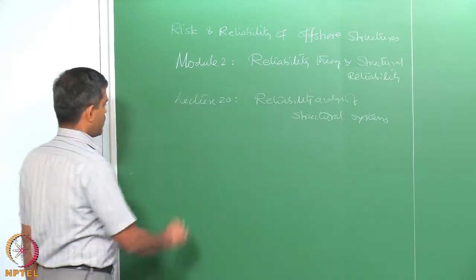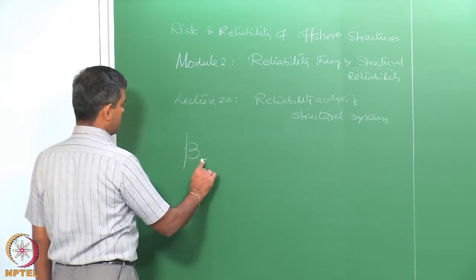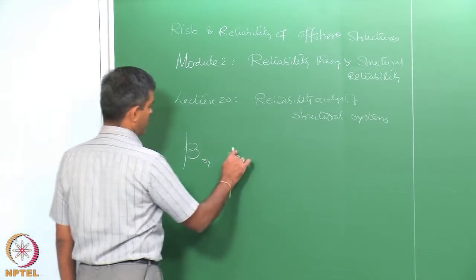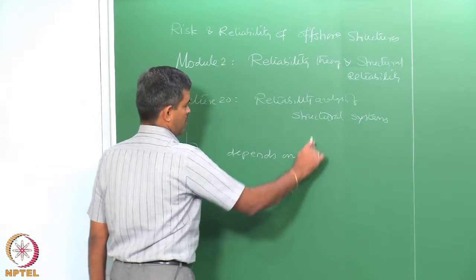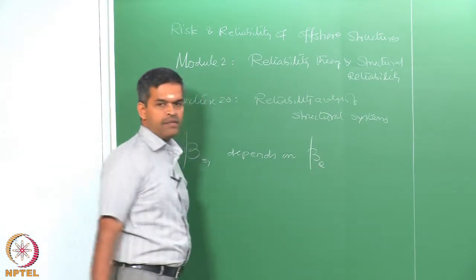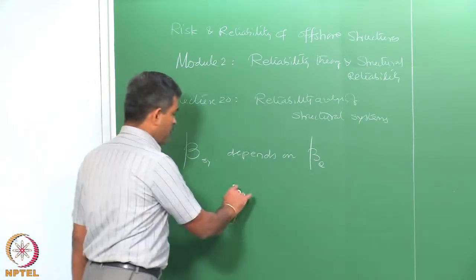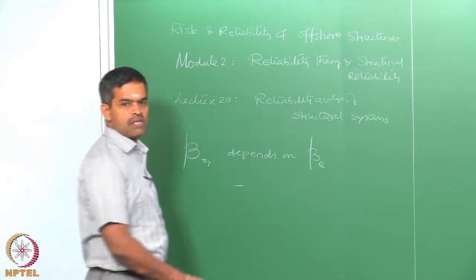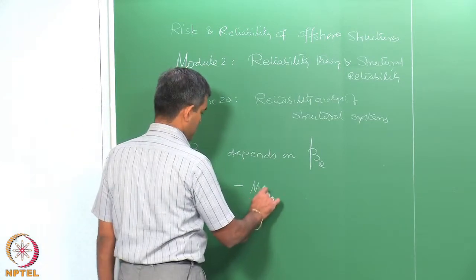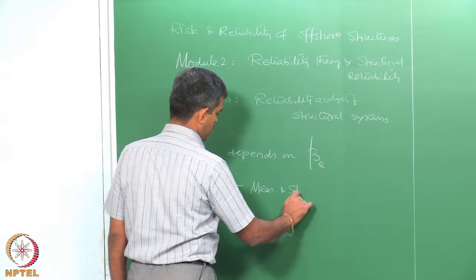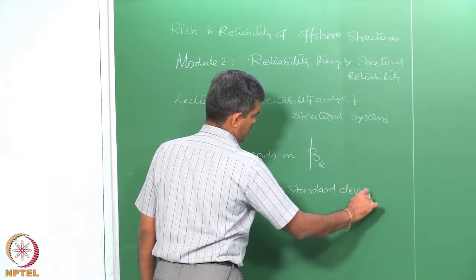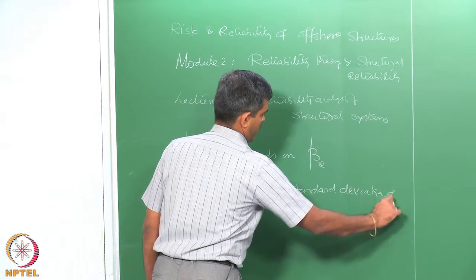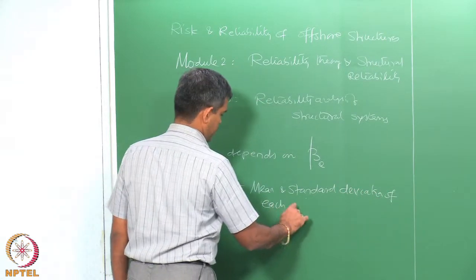We know that the reliability index of the entire system is dependent on the reliability index of an element, which in turn depends on the mean and standard deviation of each element.